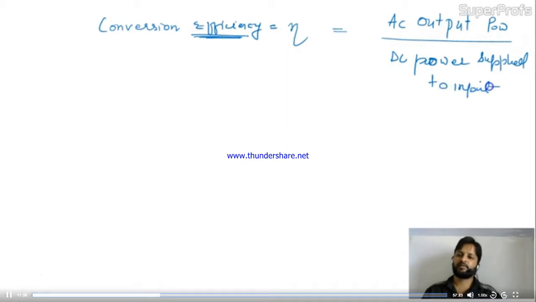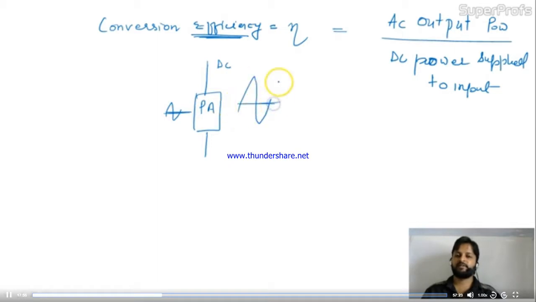DC power supplied to input. See friends, we have seen in the diagram, the power amplifier is connected with the DC biasing. This power amplifier will get an amplified version of the input, and it will increase its power so it can drive the speaker over here. So this power amplifier uses some power from this DC biasing. So DC power supplied to input.